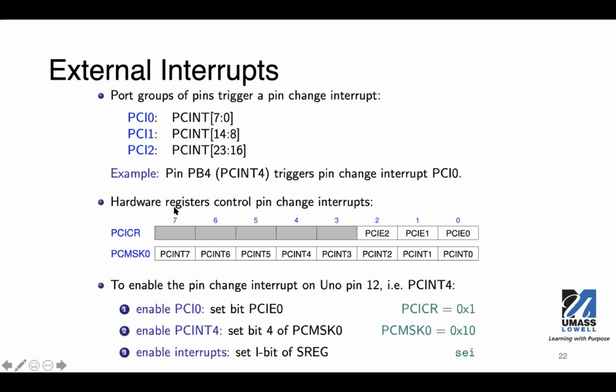We can use hardware registers in the processor to control the pin change interrupts. We have PCICR, this pin change interrupt control register. We have 3 enable bits. Interestingly, we have 3 types of pin change interrupt, and then we have 3 enable bits. That's by design.